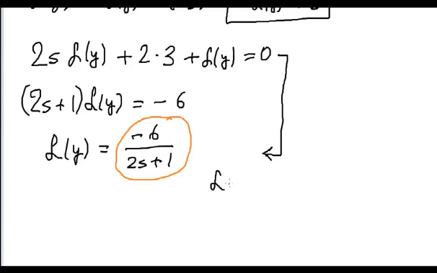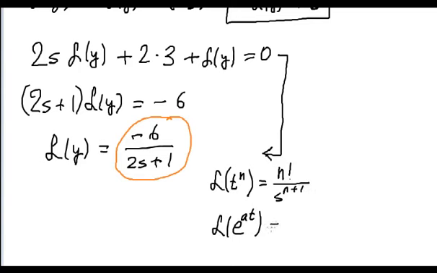We have a formula saying that the Laplace transform of t to the power n, sometimes the formula can be with a variable t or with a variable x. It does not matter what variable we use. What matters is the meaning that the formula has. So that's the formula for t to the power n. Then we have a formula for e to the power a times t.